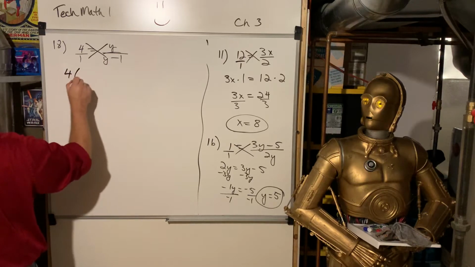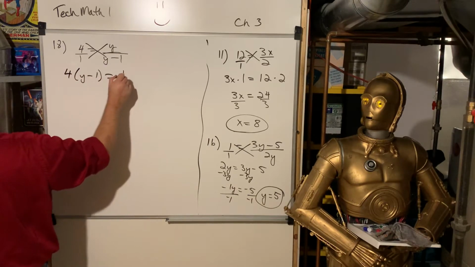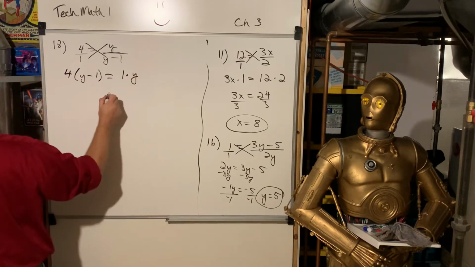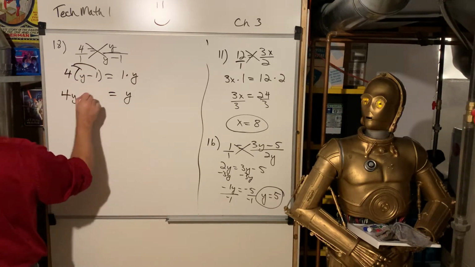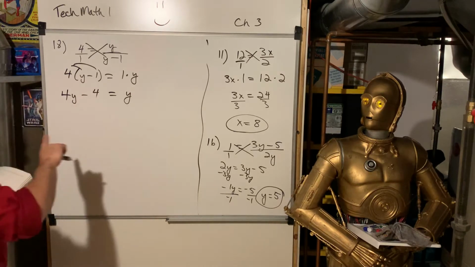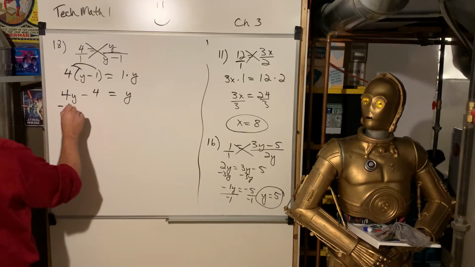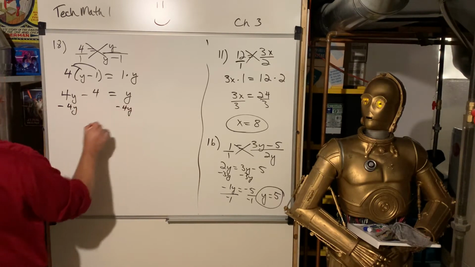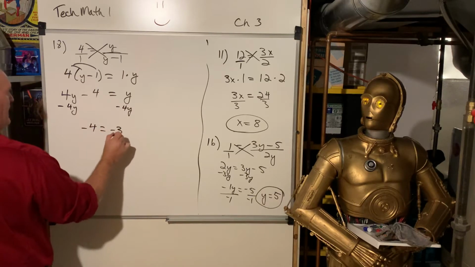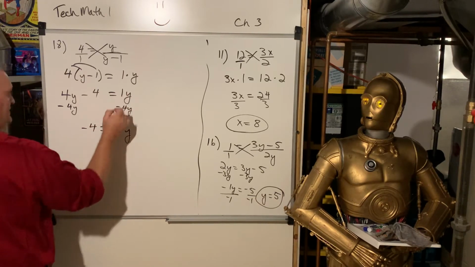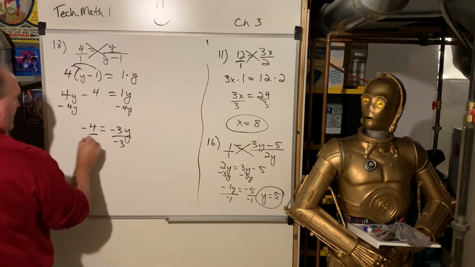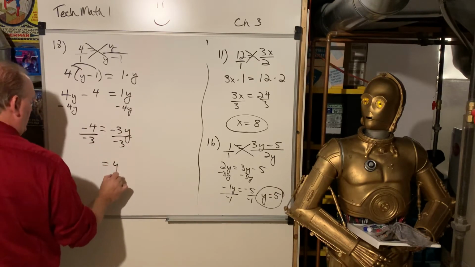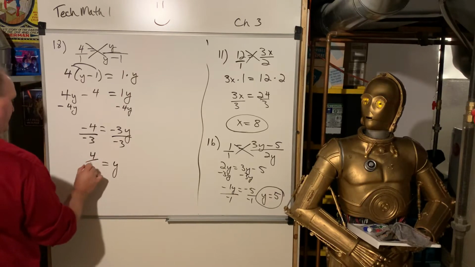So I've got 4 times quantity y minus 1 equals 1 times y. That's just 1y, and that's 4y minus 4. And now we want to get all the variables over to one side, so minus 4y, minus 4y. Negative 4 is equal to negative 3y. Remember, there was a positive 1 there, so 1 and negative 4 is negative 3. Divide by negative 3, and a negative divided by negative is a positive.